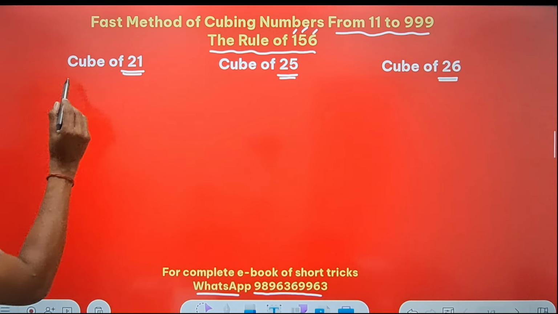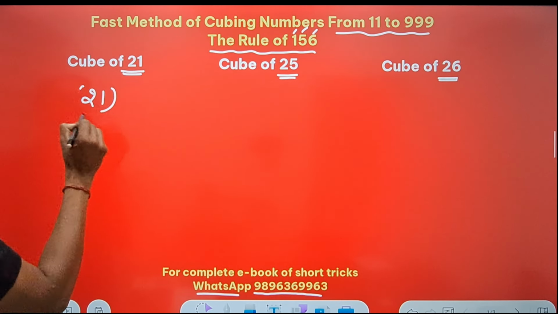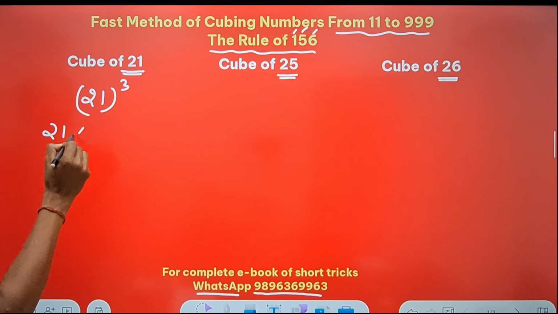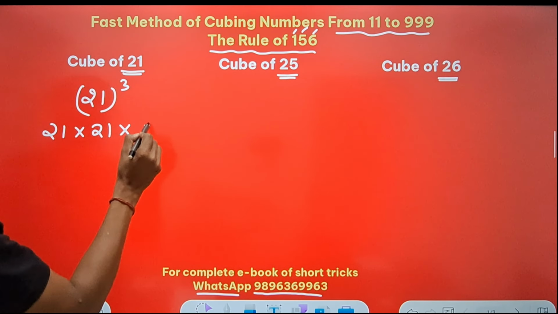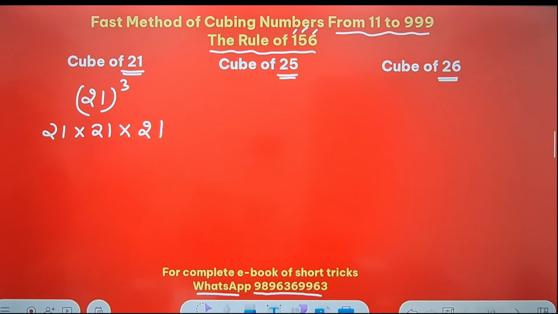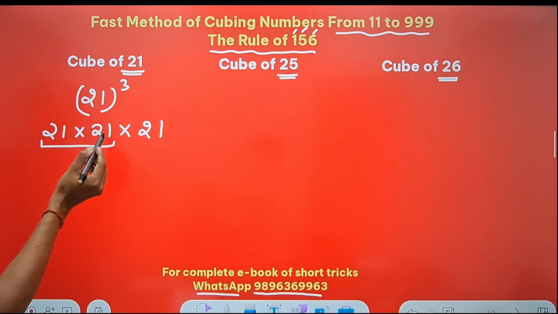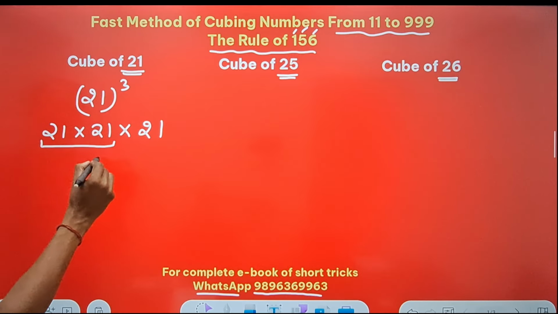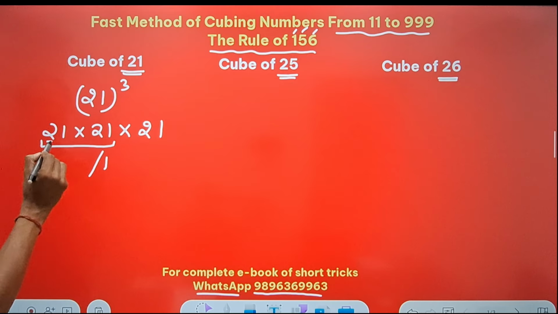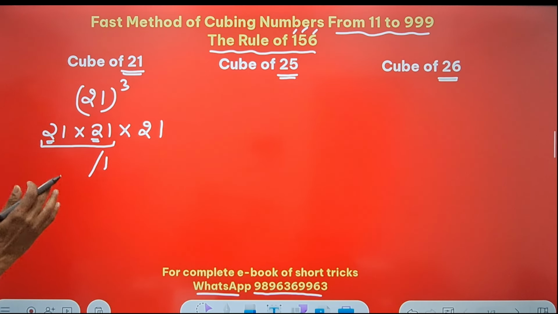What do you do here? So to find 21 cube, you just need to do 21 times 21 times 21, right? And multiplication itself is a problem. So when a number ends in 1, the product of these two numbers will end in 1 only. Then put a slash, add the two numbers which are other than 1.